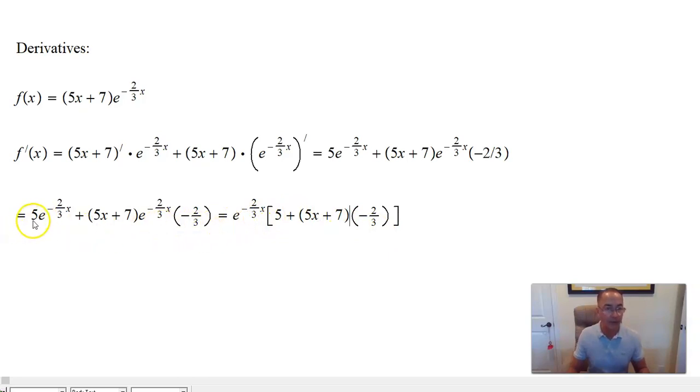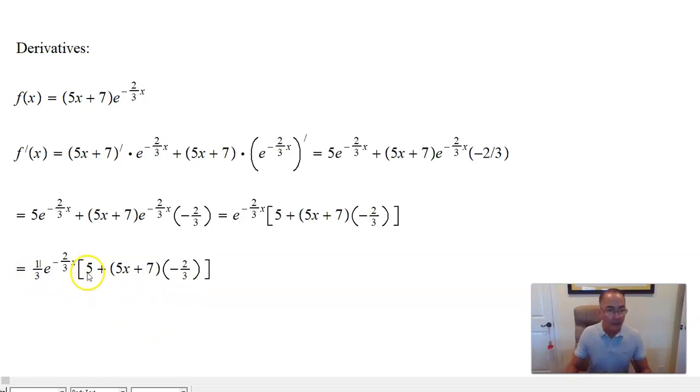Okay, so check. We have 5 remaining. This goes out, so we have 5x plus 7. That's minus 2/3 remaining. Okay, but now we want to simplify this, right? So let's take the 1/3 outside. Okay, so we're going to take 1/3 out of that fraction.